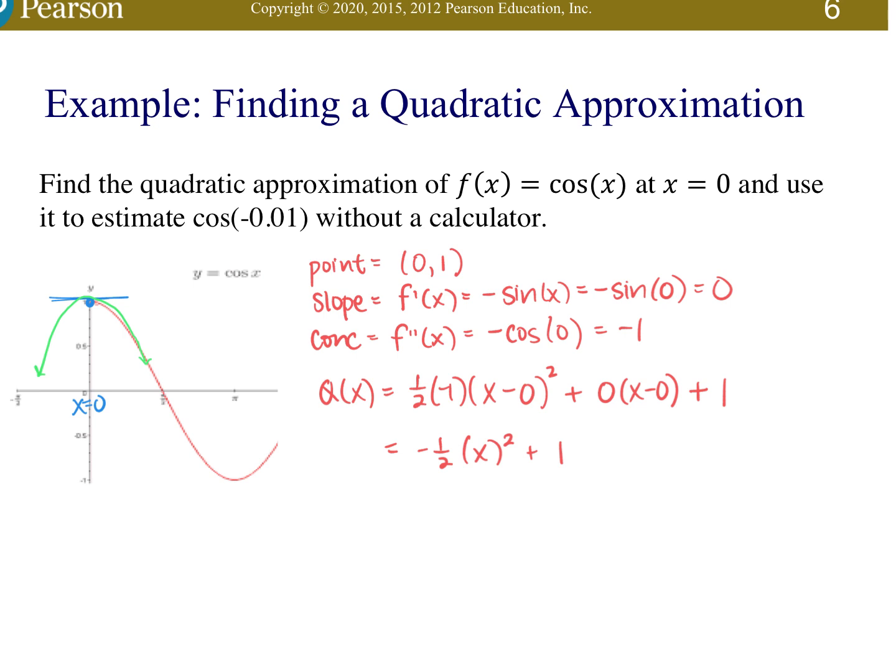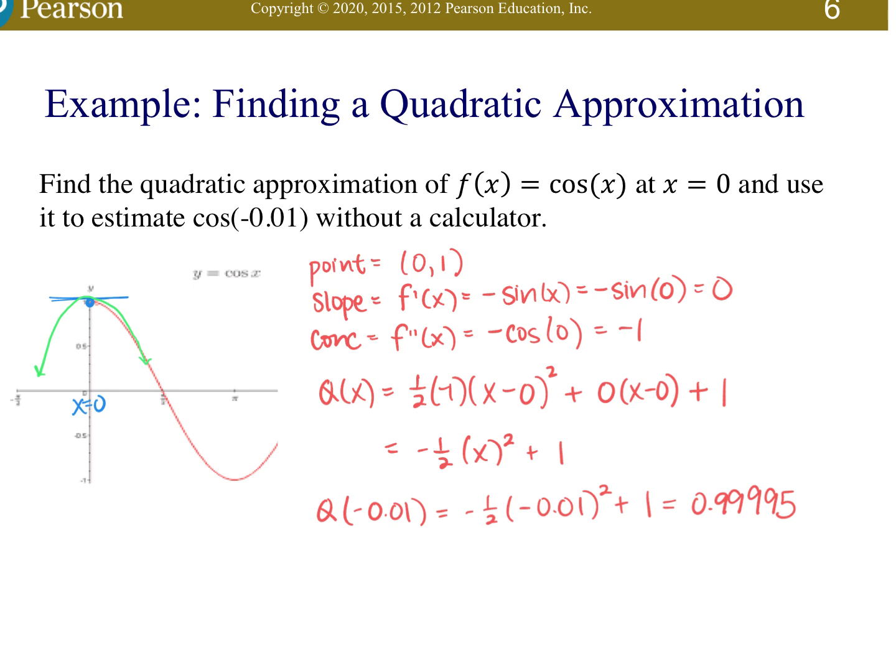So again, let's just estimate what this would turn out to be. The cosine of negative 0.01 would be negative 1/2 times negative 0.01 squared plus 1, which comes out to be 0.99995. Without a calculator, we just leave it in its unsimplified expression.